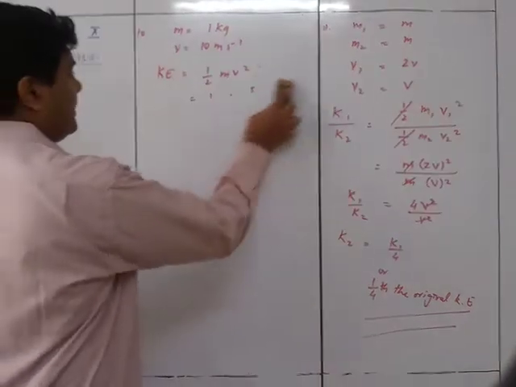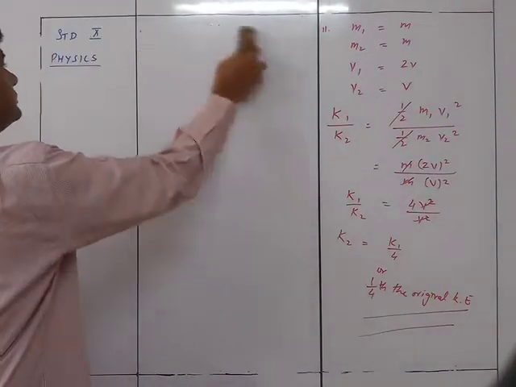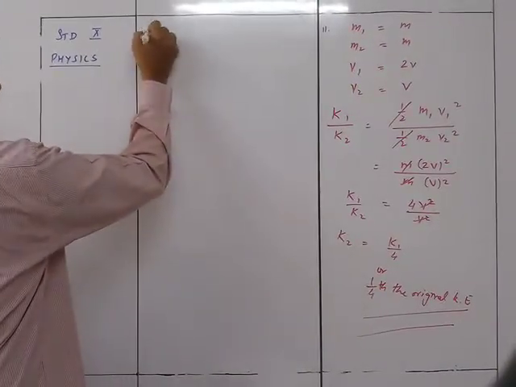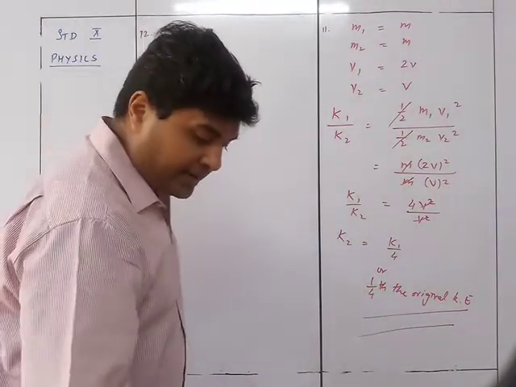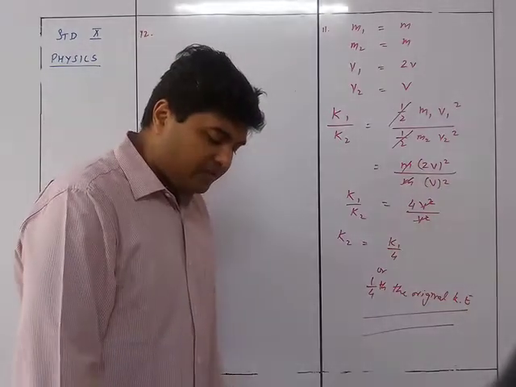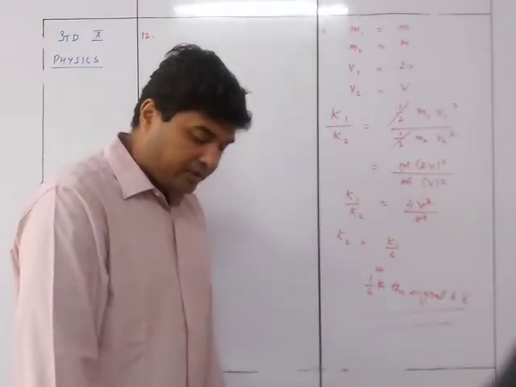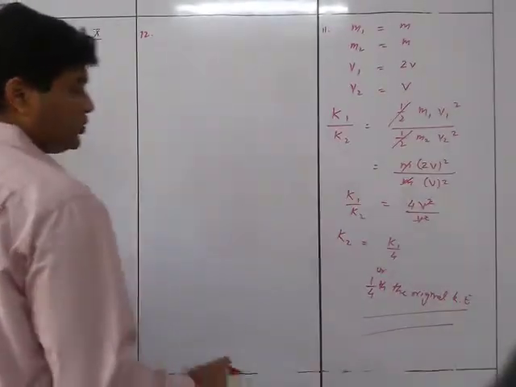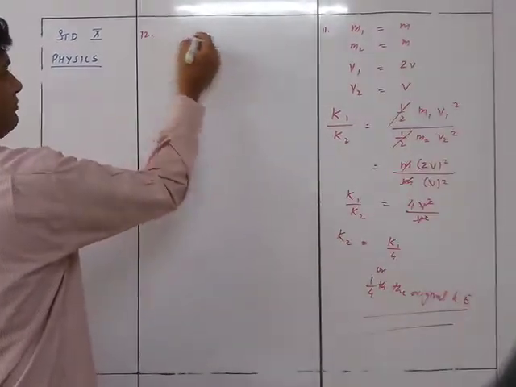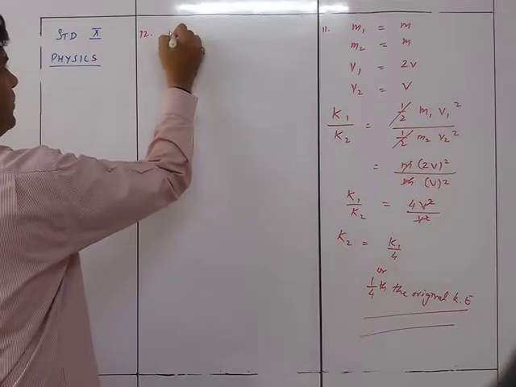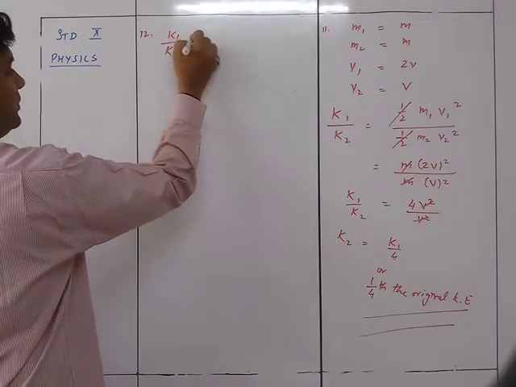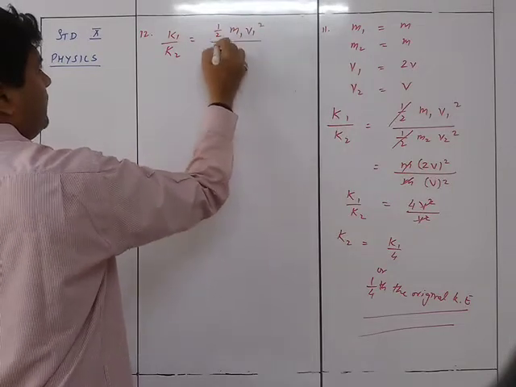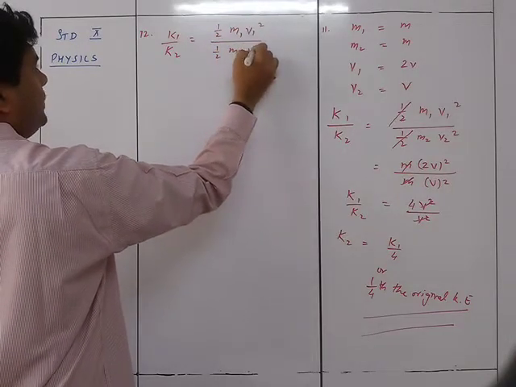We now move on to sum number 12. Calculate the decrease in the kinetic energy of a moving body if the velocity reduces to half of the initial value. So exactly the same thing. Let's write the same thing over here in a shortcut manner. k1 upon k2 is equal to half m1 v1 square upon half m2 v2 square.